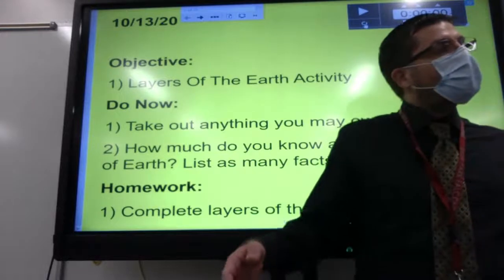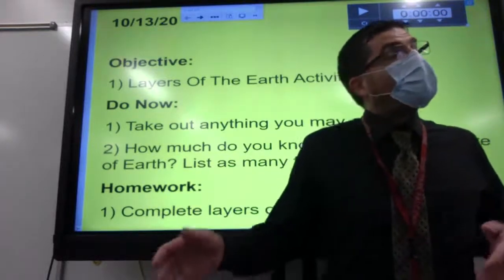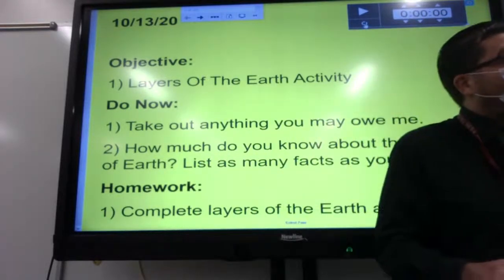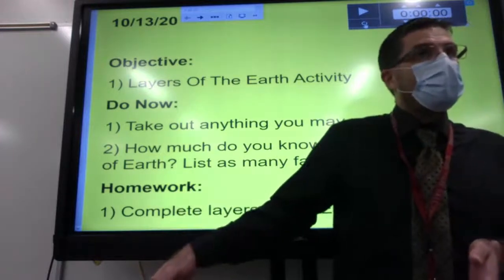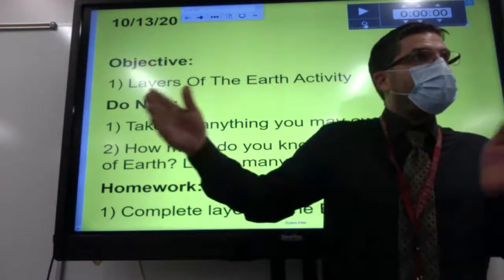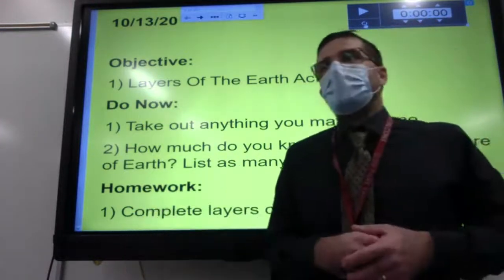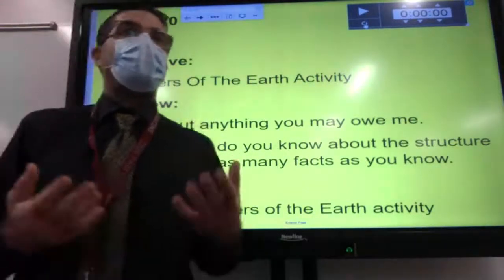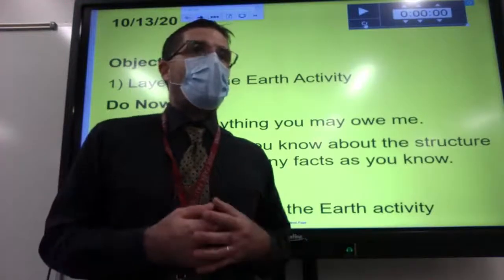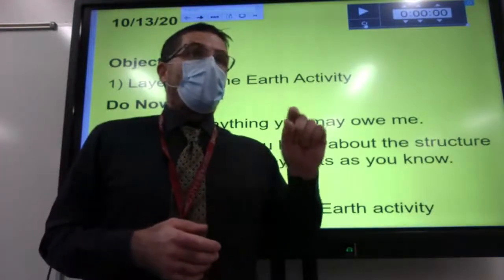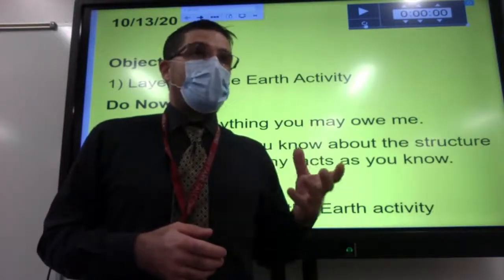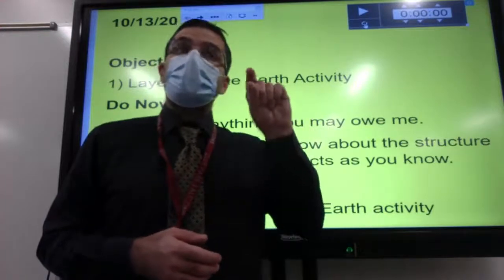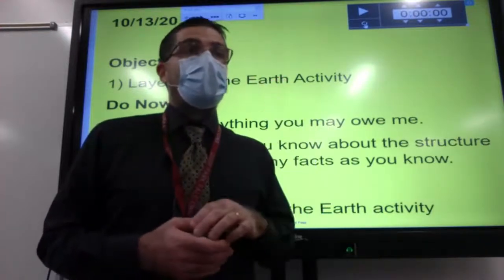However, there's a second type of crust. If you're not on land, you're in the water. Good. So the ocean, we call that oceanic crust. It's made up of a different material, and that type of rock would be basalt. However, basalt is more dense, so the oceanic crust is going to be thinner than continental crust, which is thicker.